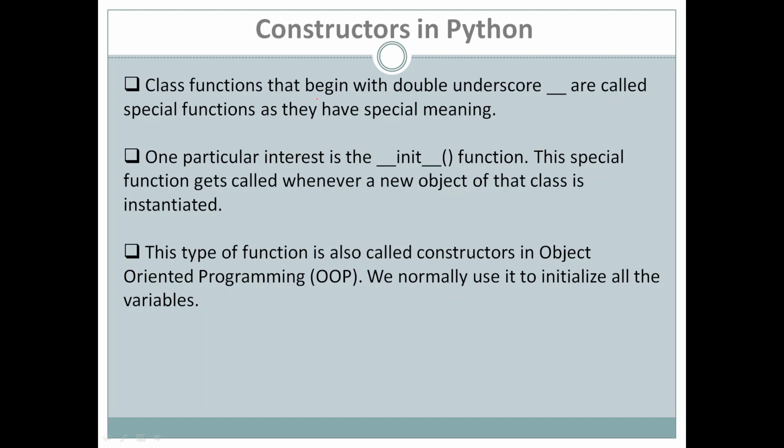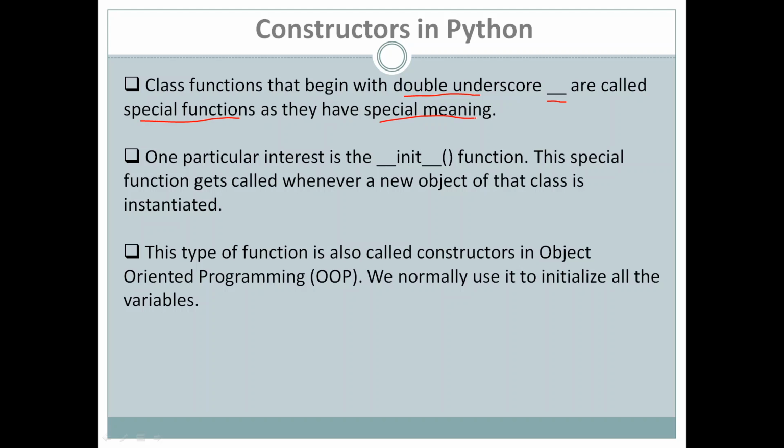Python also allows us to define some special type of functions which are defined by using double underscore. So class functions that begin with double underscore are called special functions as they have special meaning.